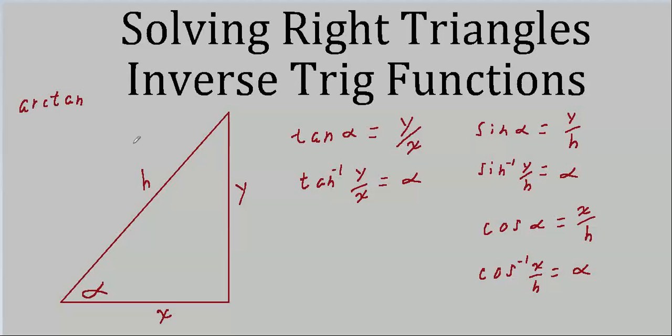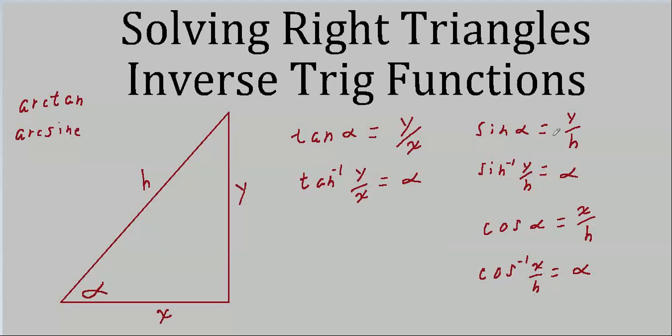They would write arc sine, same thing as sine inverse. I don't think we'll be using those terms in this book, but if you run into them, don't be confused. It just means inverse function.